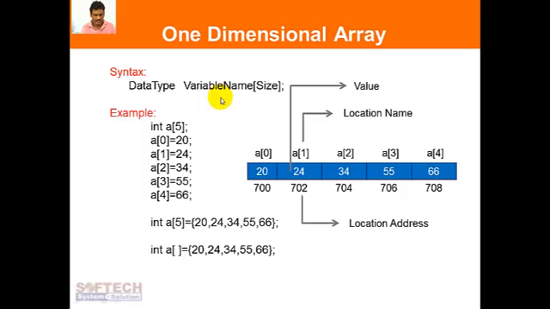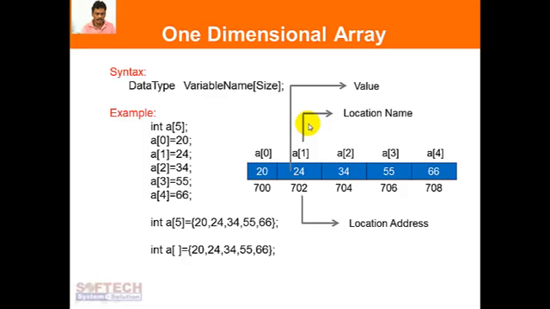It does not have any continuation in ordinary variables, but in an array variable it continuously allocates the memory. This is also one of the differences between an ordinary variable and an array variable. If we declare more than one ordinary variable, it does not allocate continuous addresses.